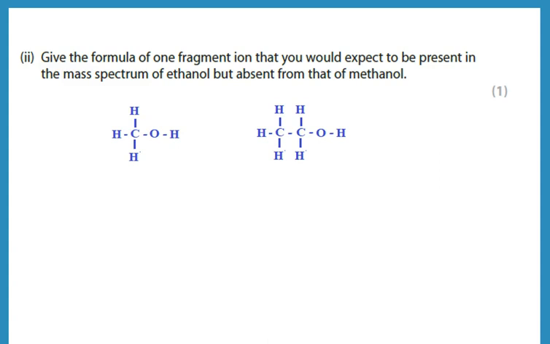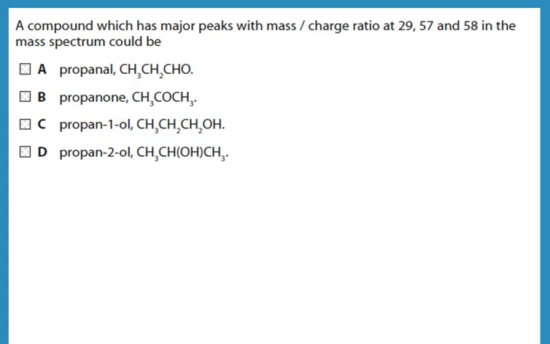Which fragment would I have only in ethanol? Of course, it is the fragment that has 2 carbons, because methanol could never give that fragment. You can either write it in displayed form, if you remember about all of these, or as a structural formula. So this is a fragment present only in one of them. Are we following so far?